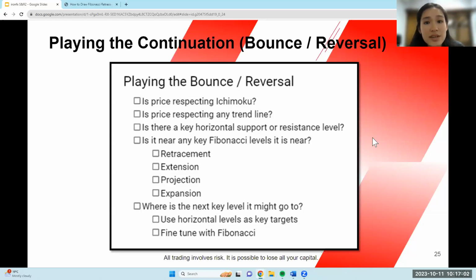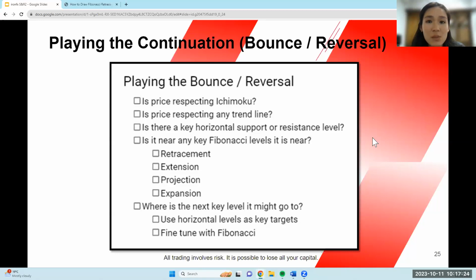You fine-tune these levels by looking for confluence areas. Confluence areas tend to be a mixture of Fibonacci levels as well as horizontal levels, like your overlaps, pullback levels, as well as pivot point levels if you do use that indicator.